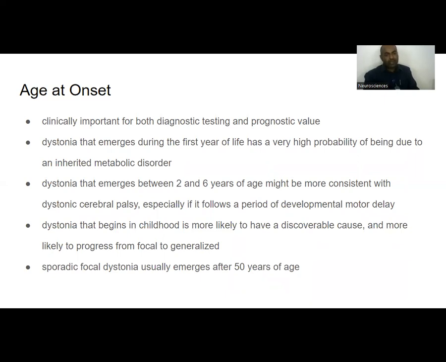Dystonia that begins in childhood is more likely to have a discoverable cause like a genetic cause, and it's more likely to progress from focal to generalized dystonia. Meanwhile, dystonias which emerge late, that is after 50 years of age, focal dystonias, don't usually generalize.